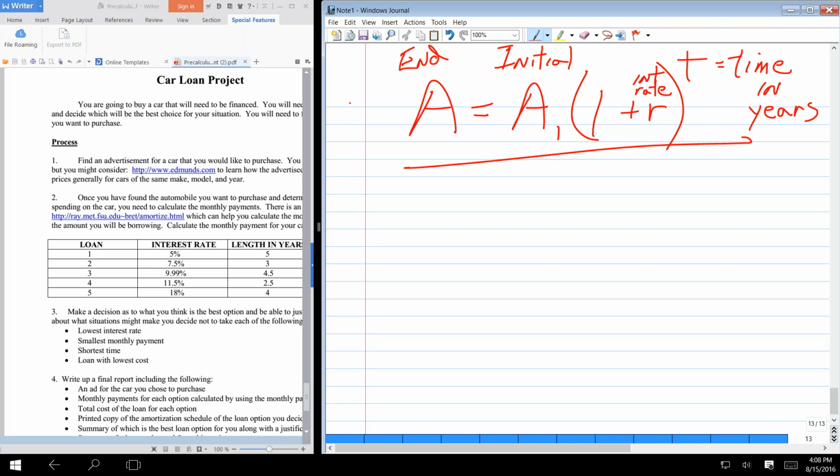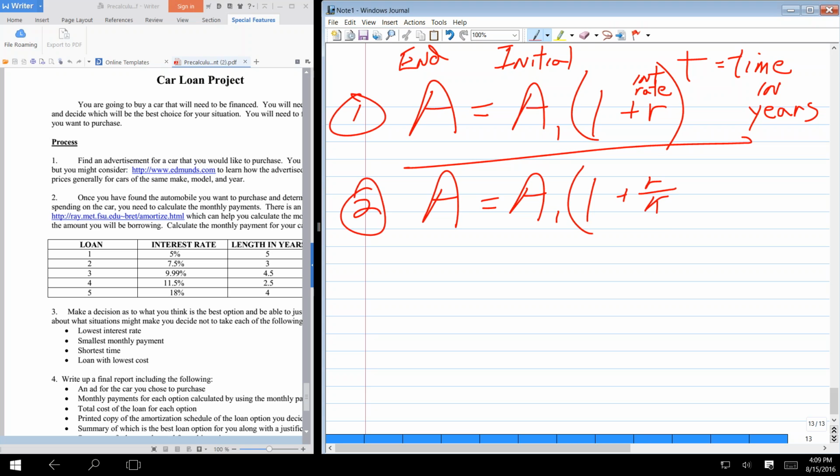Let me give you the other two equations, just so you're going to need them at some point. The other one is this one, but now it's 1 plus R divided by K, raised to the power K times T. And K is the number of times per year that it's compounded.